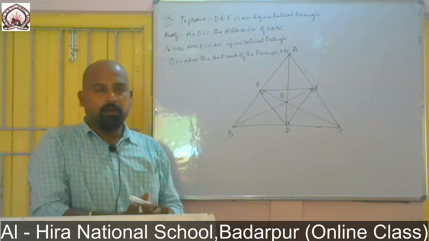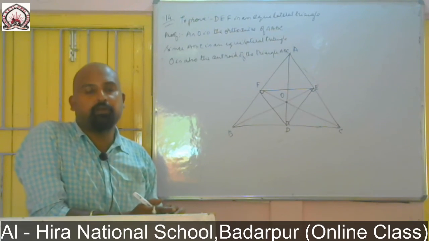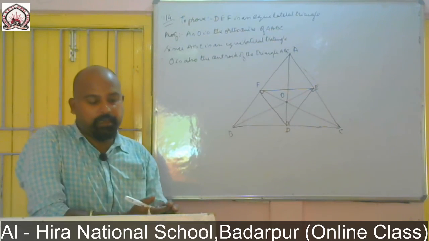Then what can we say? O is the centroid of the triangle ABC.